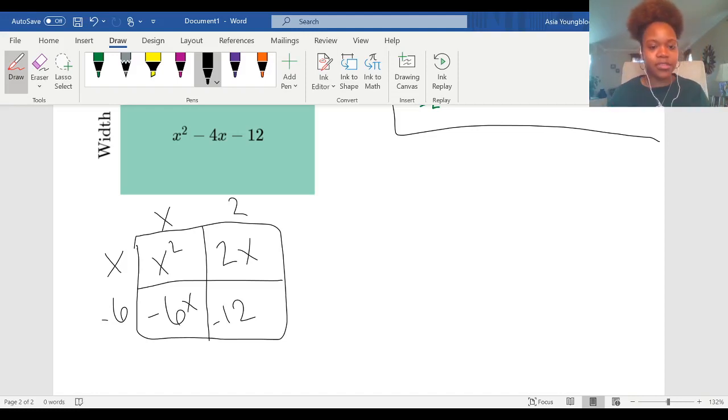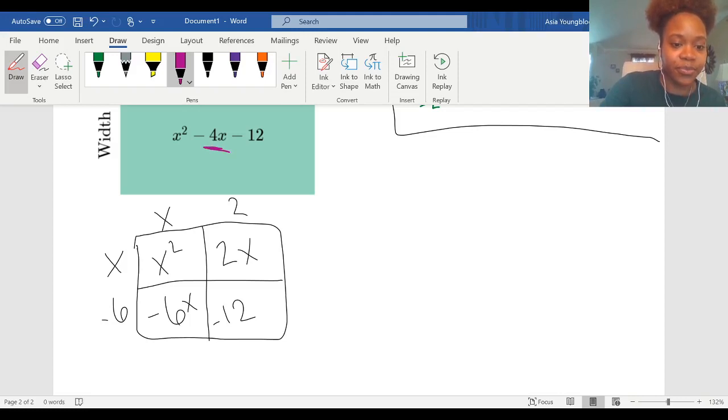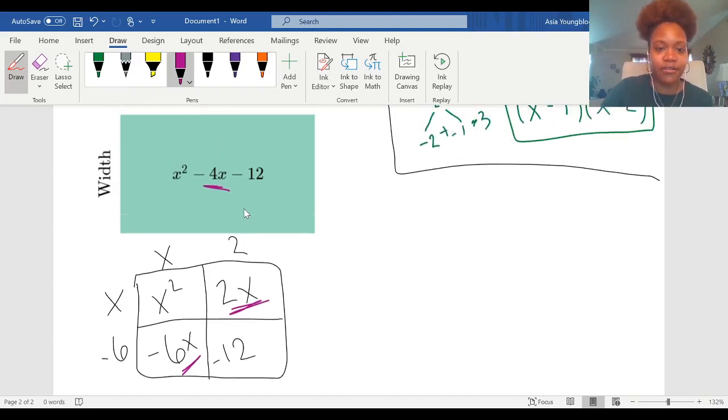So I just work backwards, and I can verify quickly with multiplication. X times x is x squared. X times 2 is 2x. Negative 6 times x is negative 6x. Negative 6 times 2 is negative 12. So that's how you verify to make sure the inside of the box is correct. Again, you can see negative 4x here between negative 6x and 2. Negative 6 plus 2 gets us negative 4x. So now we just have to write our final answer.